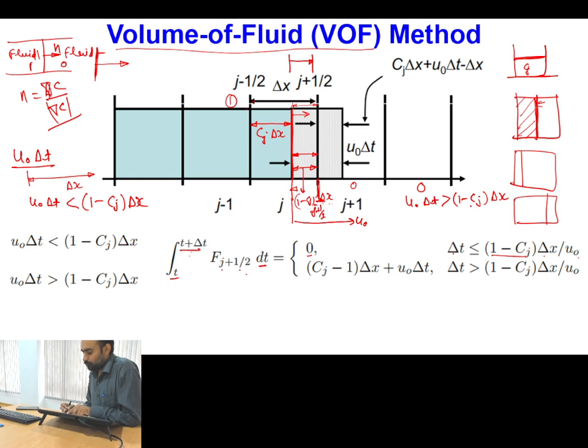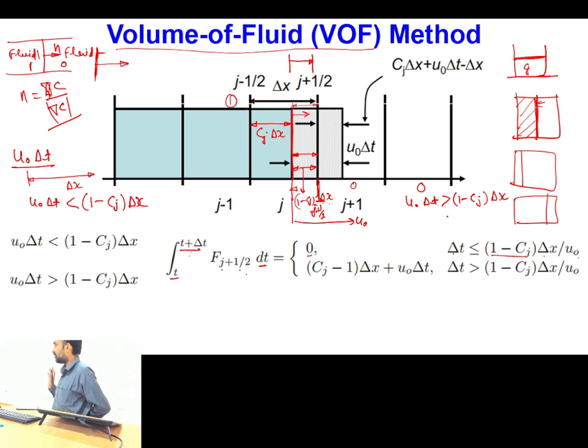For the duration 1 minus cj into delta x, flux through this should be 0, and after the distance traveled in addition to 1 minus cj into delta x, for that much duration flux will be equal to 1. Are all clear with this point or not?